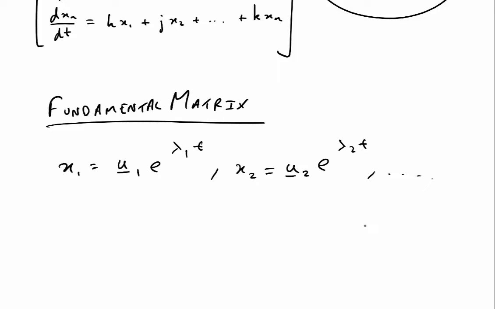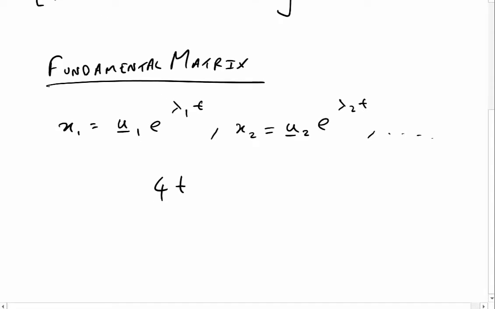It's called linearly independent. Take a slightly contrived example that's not specific here. Obviously, I've just said that my solution will look something like this, with the eigenvectors and eigenvalues. But for the sake of clarity, let's say I have a solution 4t and a solution 2t.